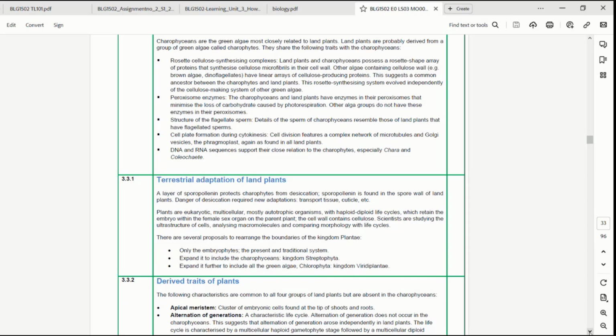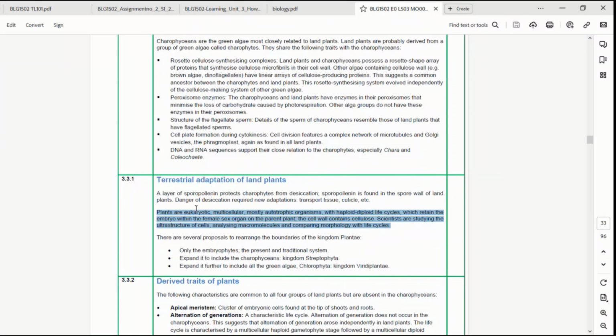So the macromolecules, we're still going to talk a lot about them. There's a huge chapter about the macromolecules. Where was I? Yes, the terrestrial plants are eukaryotes. We have already talked about that plants are eukaryotic, and they're characterized by being mostly autotrophic organisms with a haploid-diploid life cycle.